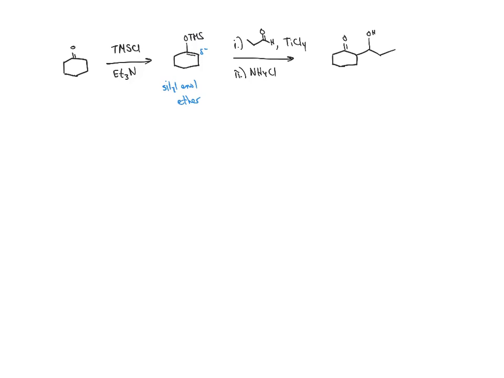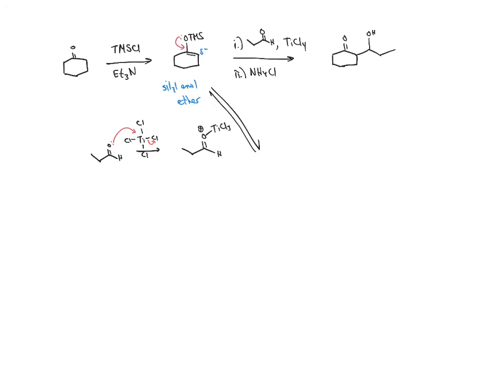So how does this work? Well, the first thing that happens is that the titanium tetrachloride is going to coordinate to the carbonyl. So we have the lone pairs on oxygen bind to the titanium, and that's going to give us a really electrophilic species. And that species is so electrophilic that it's going to react with our silyl enol ether.